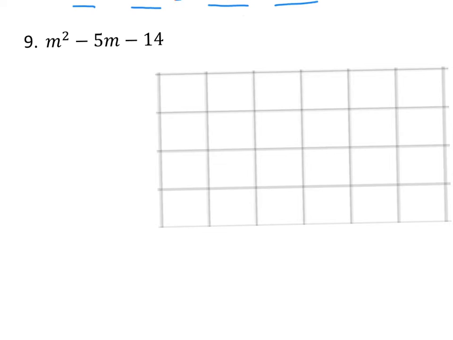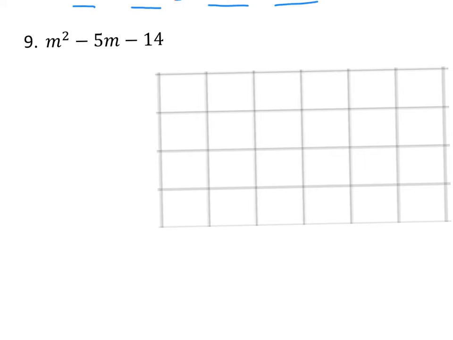And as before, I check my signs as I go along. M times m is m squared. M times 2 is positive 2m only if this is a positive 2. Negative 7 times m is negative 7m. Negative 7 times positive 2 is negative 14.